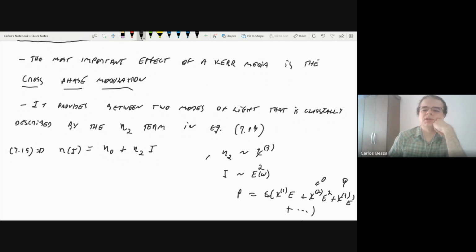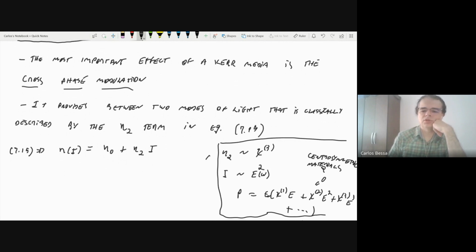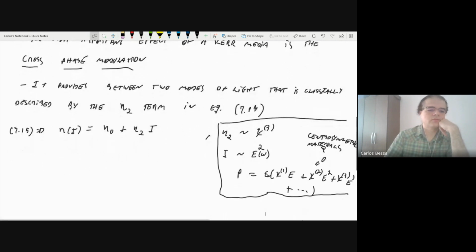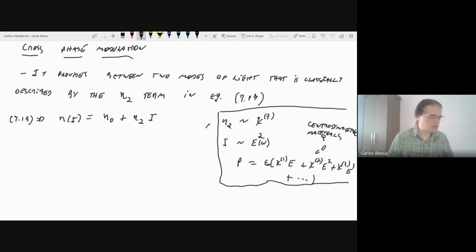This is the linear term, and this is the first nonlinear contribution, for centrosymmetric materials. We saw this last lecture, at least a summary. But this is the term that we are interested in now.